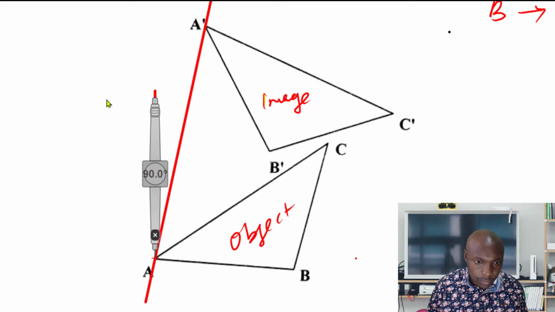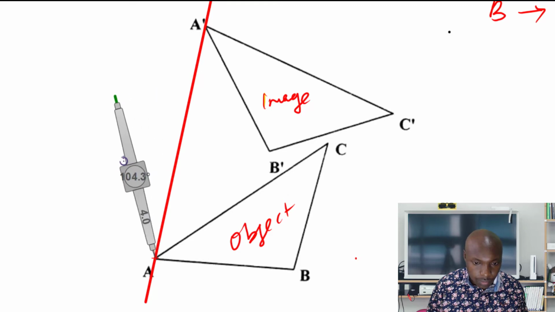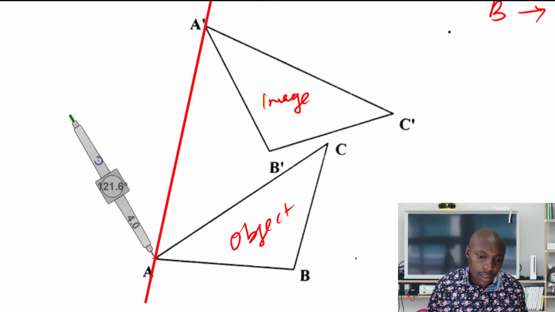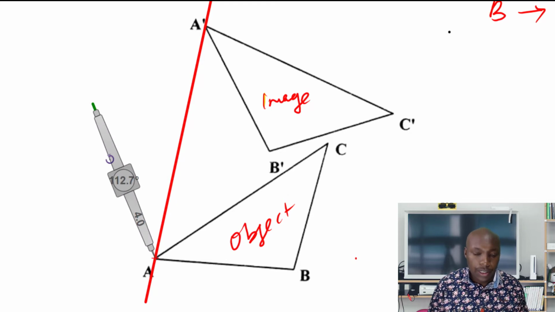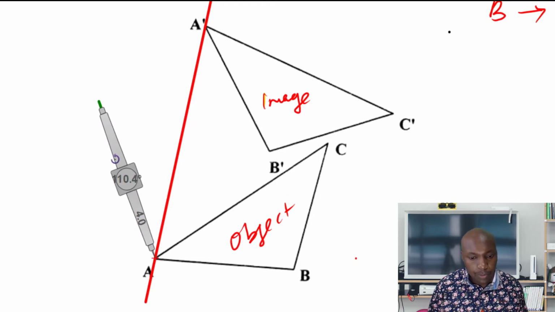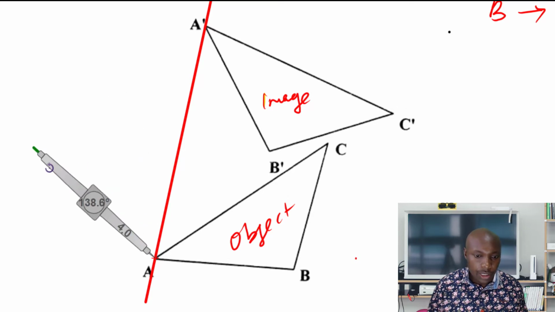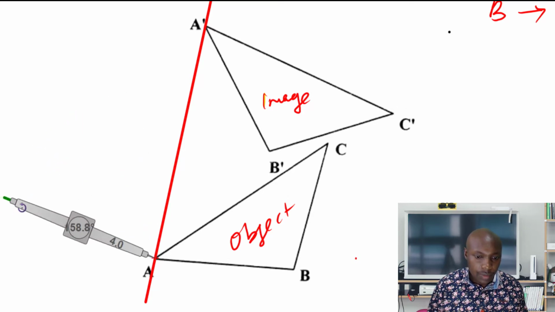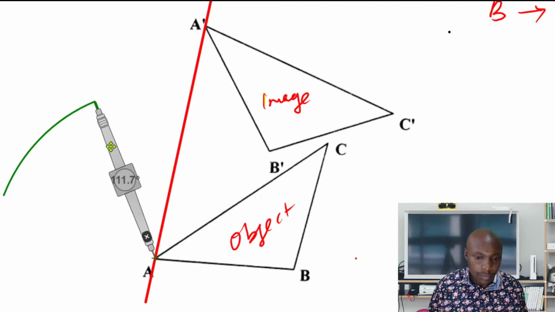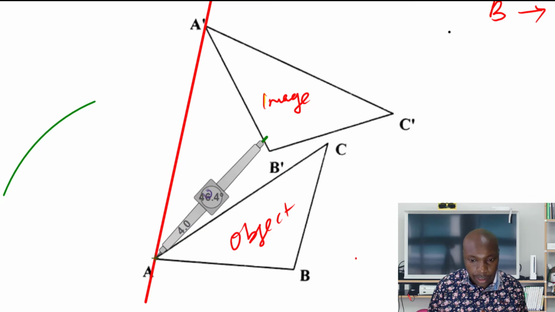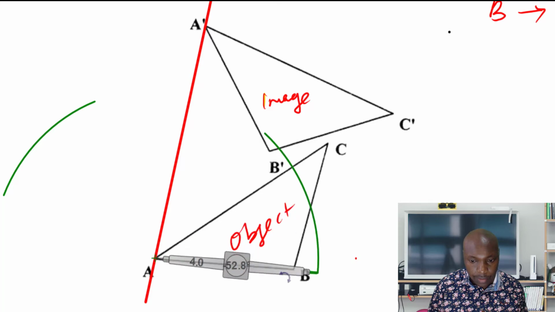So with that, standing at A and ensuring that you have opened your pair of compass more than half of that line A A prime, you just mark an arc. You just mark an arc at the top there. So you mark an arc, and then you go and make another arc down there.